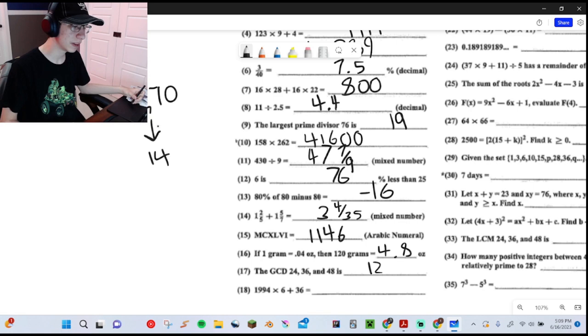I think one of my favorite tricks for GCD, and I'm not sure if it always works, I think it should always work, is a quick way to find it. Take the difference of the numbers. In this case, 14. And then the GCD should be some factor of 14. So check 14 itself. If it doesn't work, break it down.